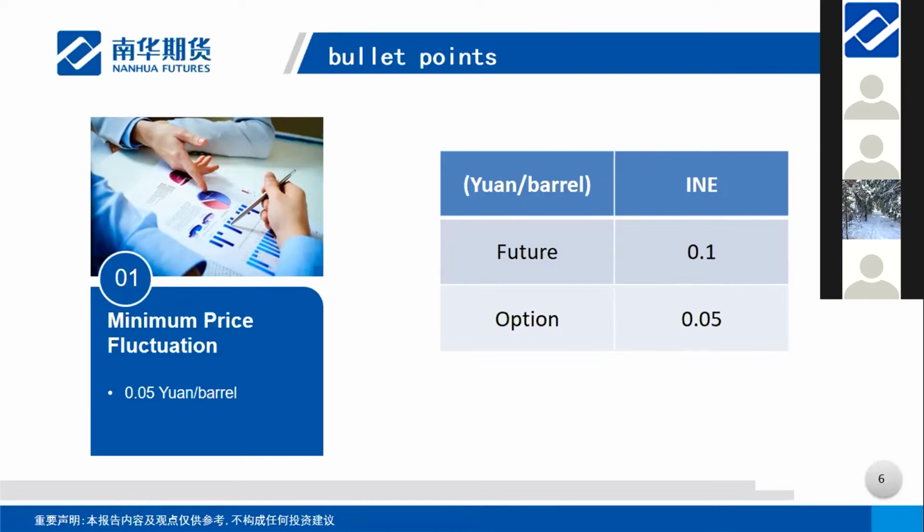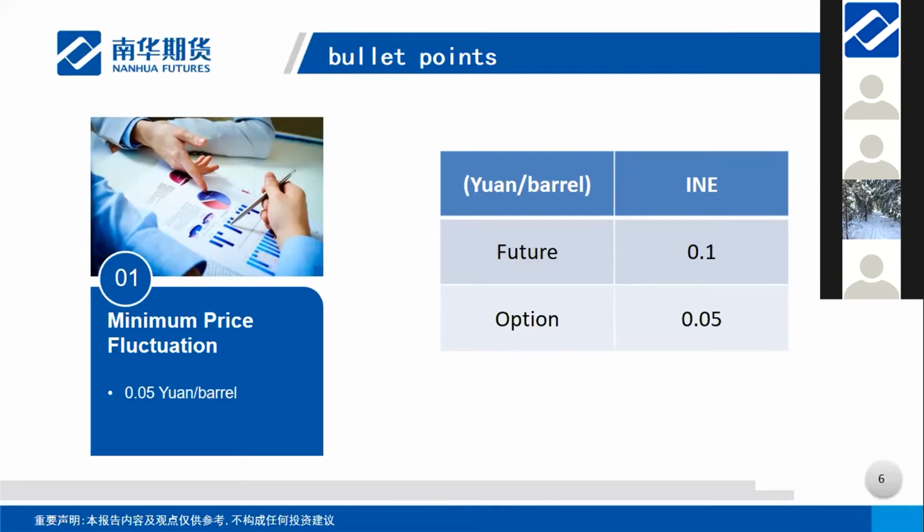Outside of China, both the NYMEX WTI crude oil option and the ICE Brent crude oil option have a minimum price fluctuation of 0.01 US dollars per barrel, the same as their underlying futures.